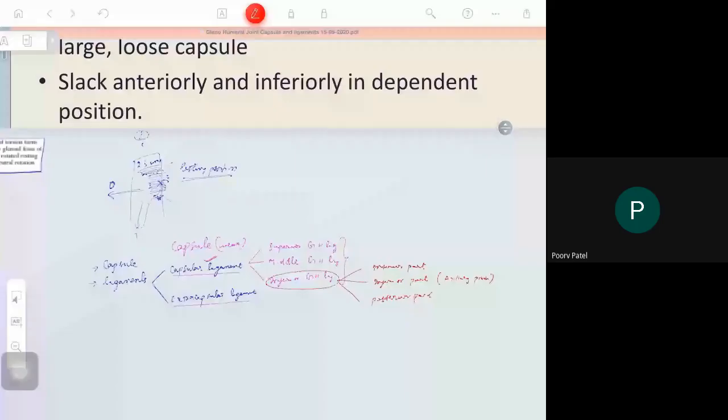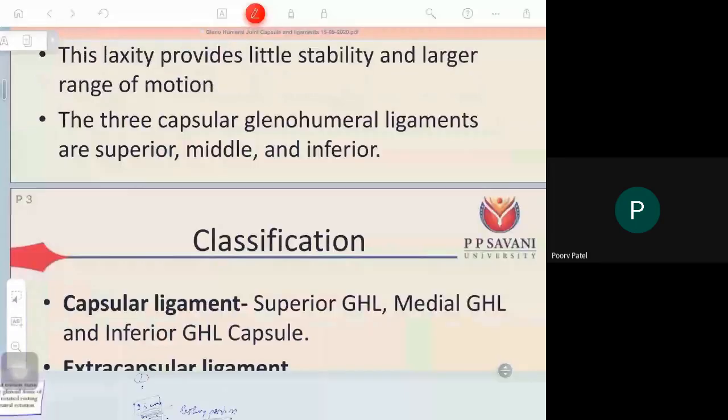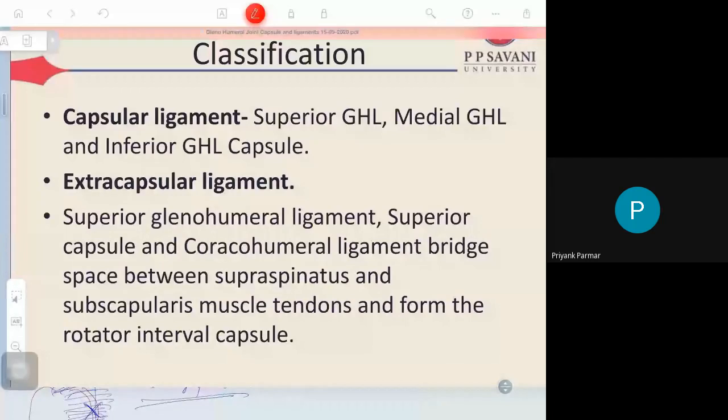Clear? Now you see the last point here. The three capsular glenohumeral ligaments. The capsule we already discussed. Now coming to the capsular ligaments: superior glenohumeral, sorry, it's not medial, it's middle.